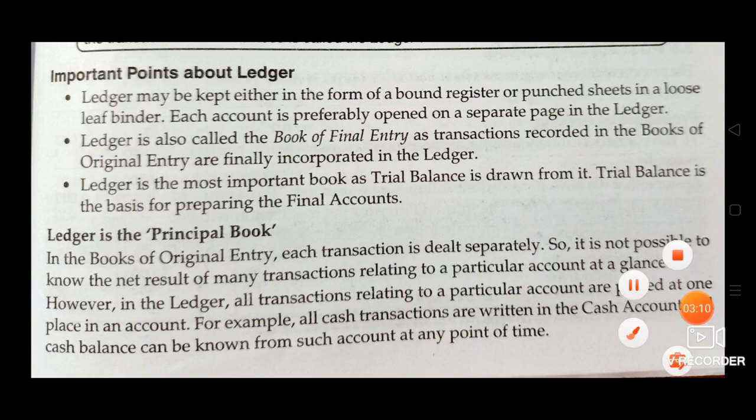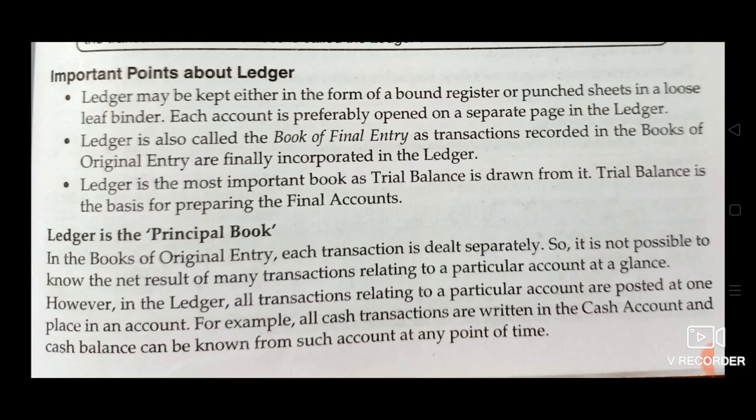So all the entries made or passed in journal or special purpose subsidiary books are ultimately posted in ledger so that we can get all the entries at one place in an analytical order. So ledger is called a principal book.